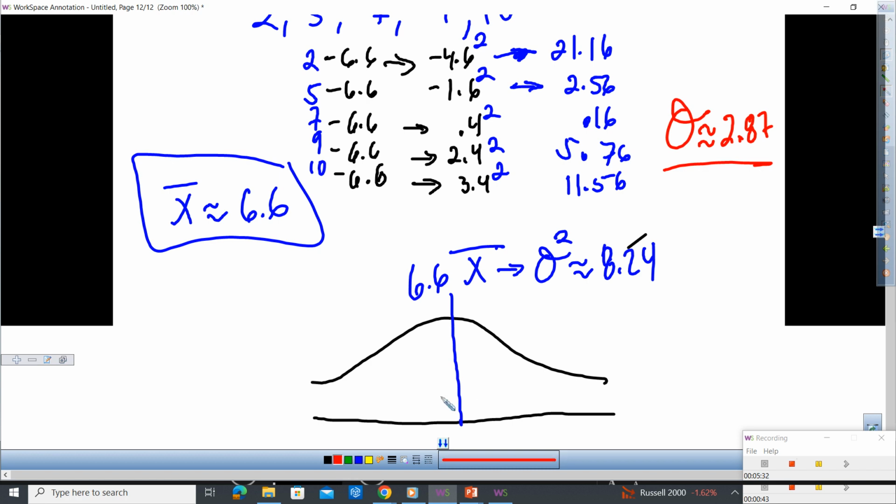So if we go one standard deviation up, tell your neighbor where we're at that point, please. What is it? Yeah, 2.87 plus 6.6. So that gives us 9.47 approximately.